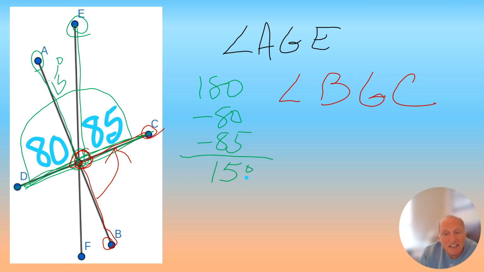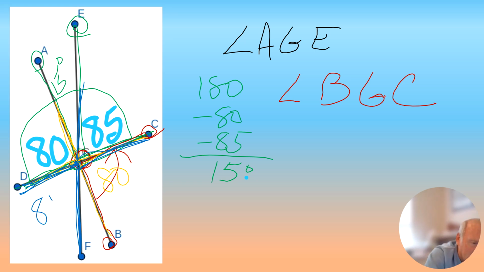The easiest way is find a V, because, ladies and gentlemen, check this out. I've got a V here, and it's right up back to back with that V. That means BGC has to be 80 degrees. And do you also see that I've got DGF right here, back to back with this one, so this has to be 85.